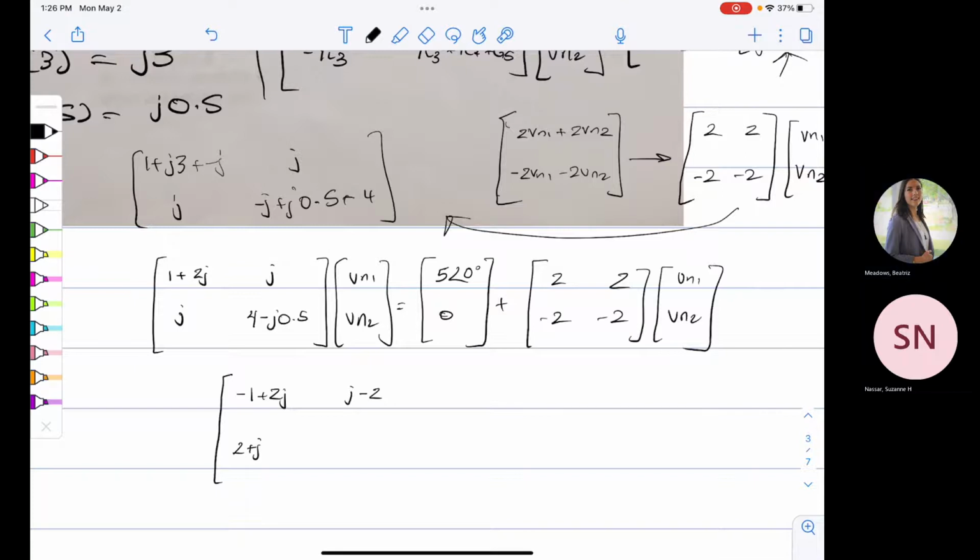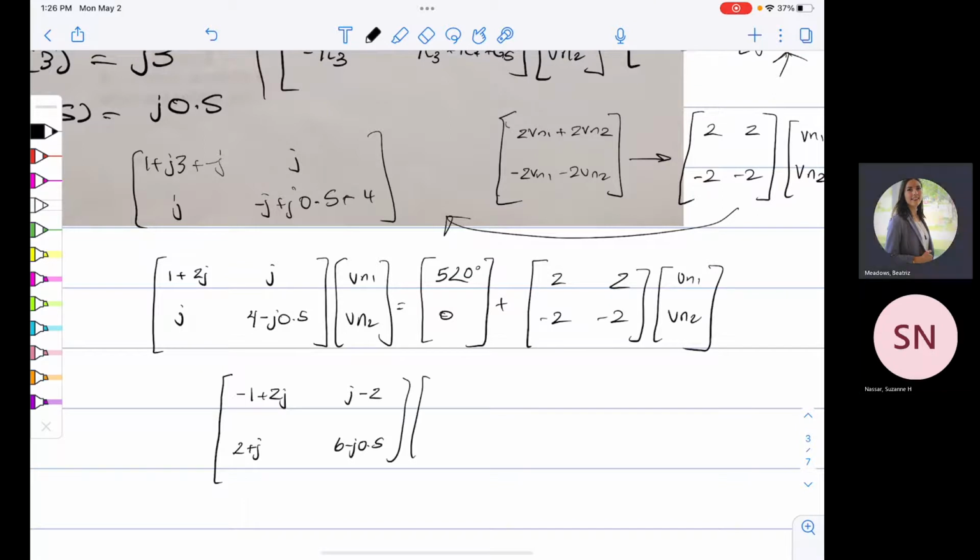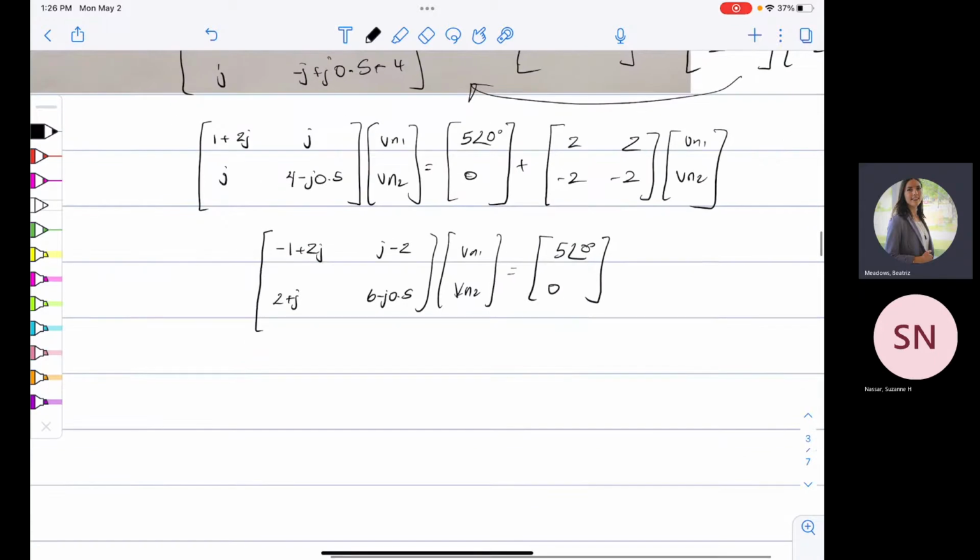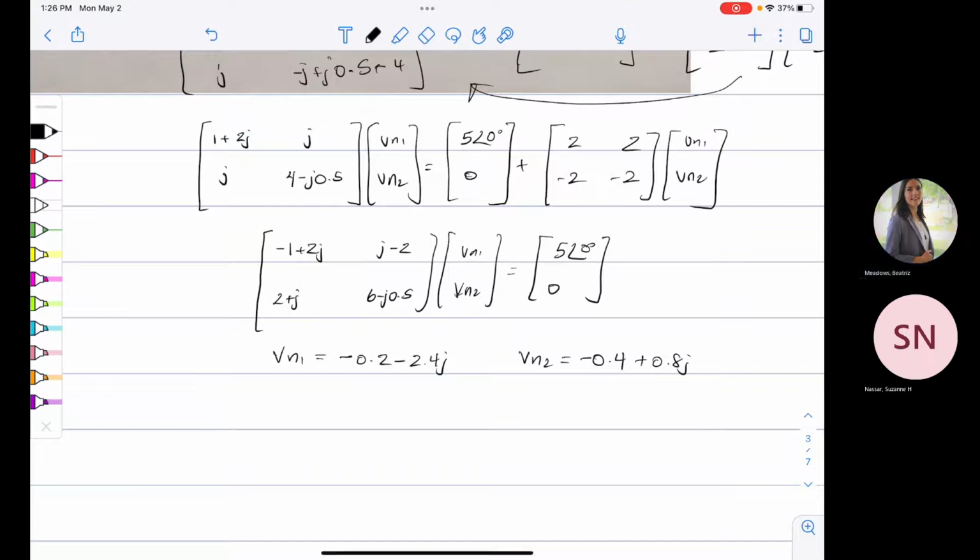And last one, 6 minus. So at this point, what I do is I just plug it into my Inspire and get the values. I get Vn1 equals negative 0.2 minus 2.4j. Then Vn2 is equal to negative 0.4 plus 0.8j.